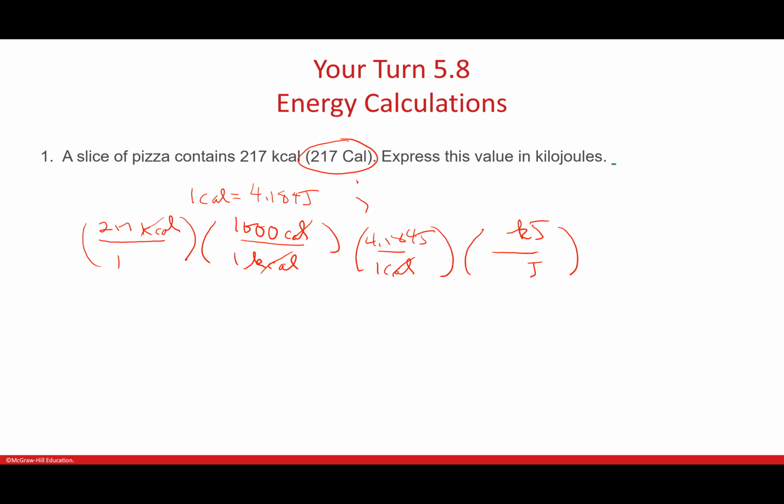Blank kilojoules is equal to blank joules. Did we talk about those? 1 kilojoule is equal to 1,000 joules.